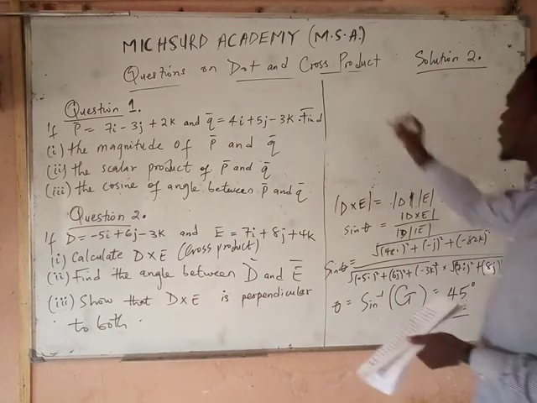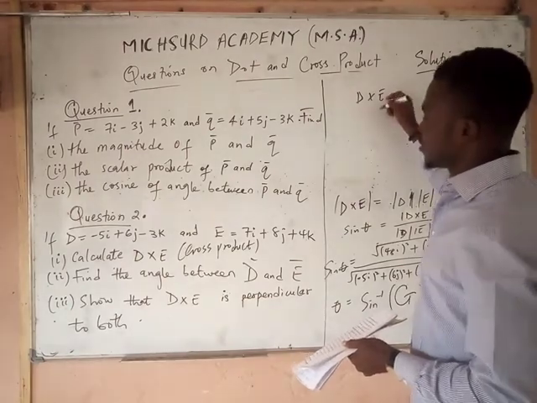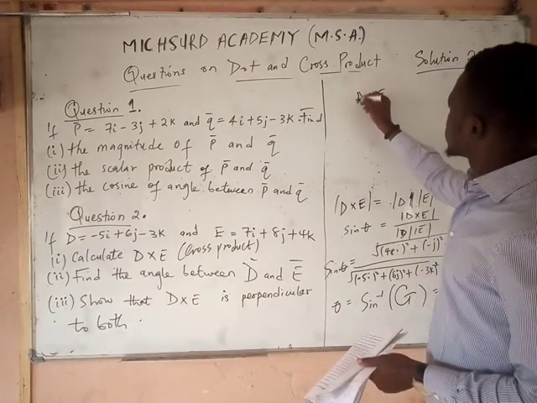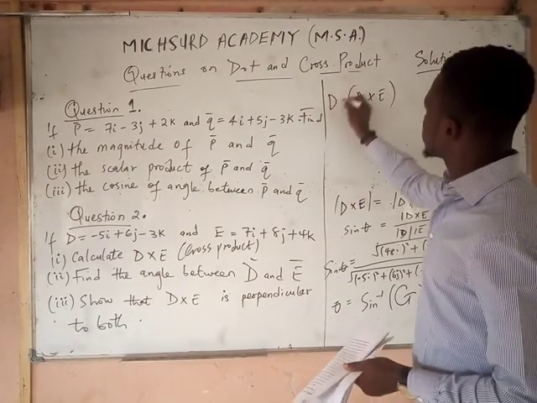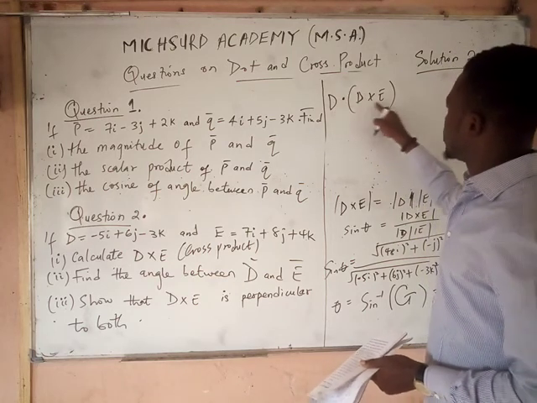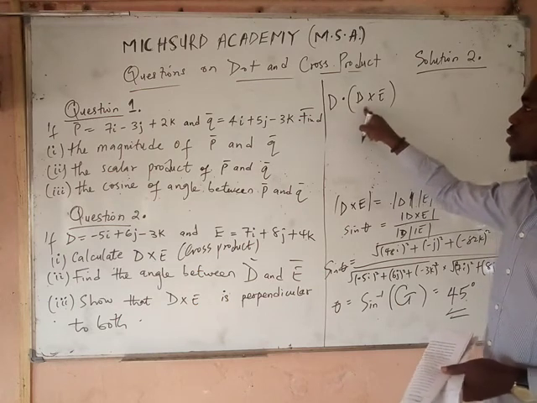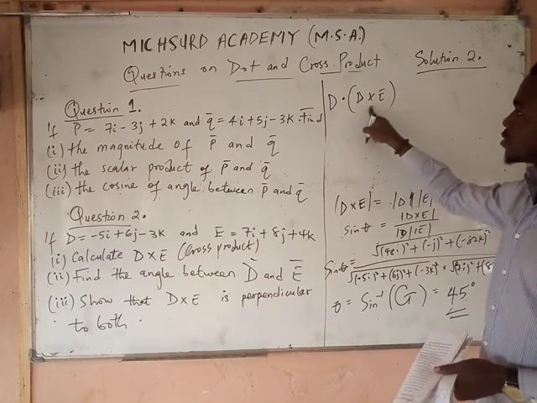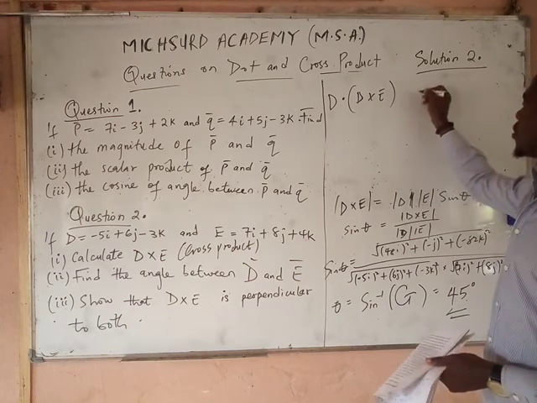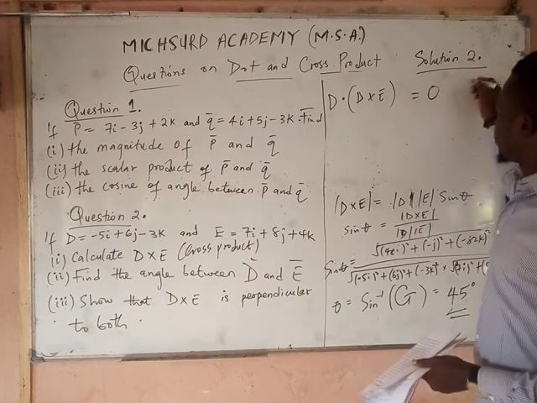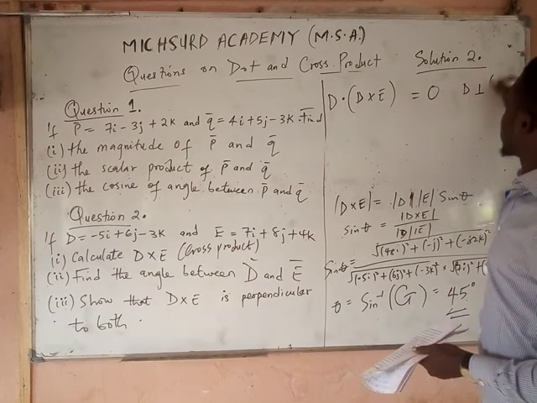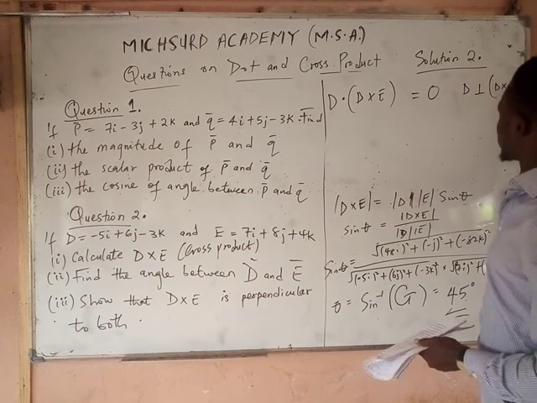Alright, so we have D cross E. If we take the dot of this vector, because the result is a vector, take the dot of D with this vector, it will be equal to 0 if D is perpendicular to D cross E, right?